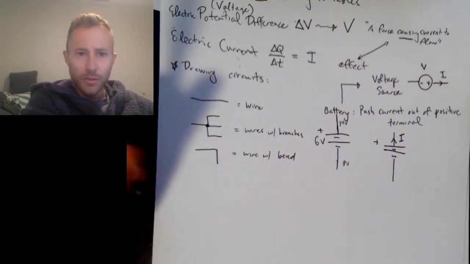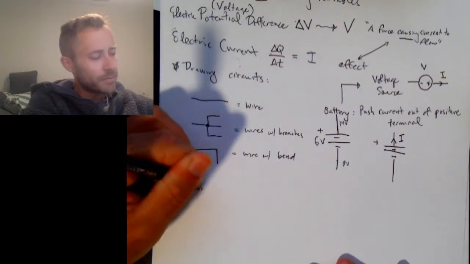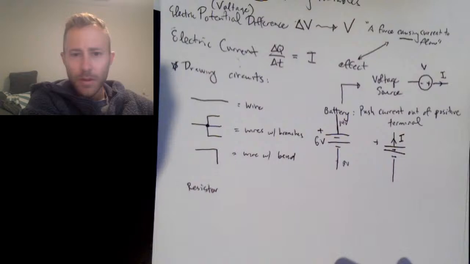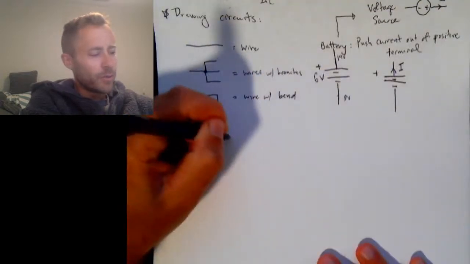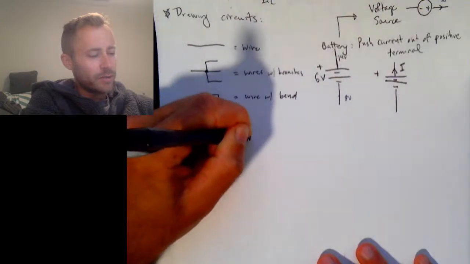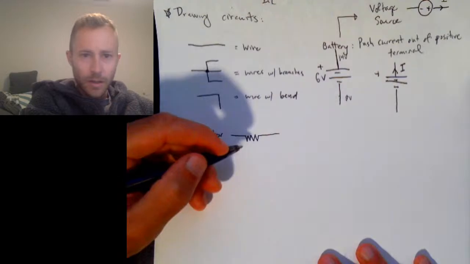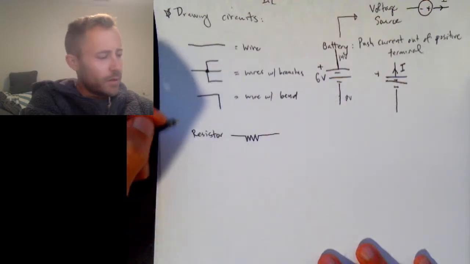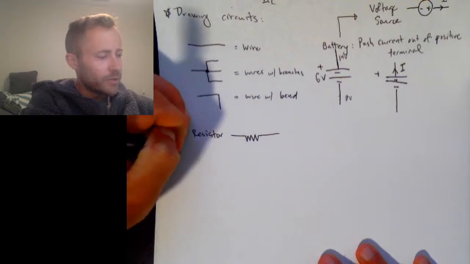The other device that we're going to talk about today is called a resistor. The symbol for a resistor is a jagged line. Basically, a resistor resists current flow.